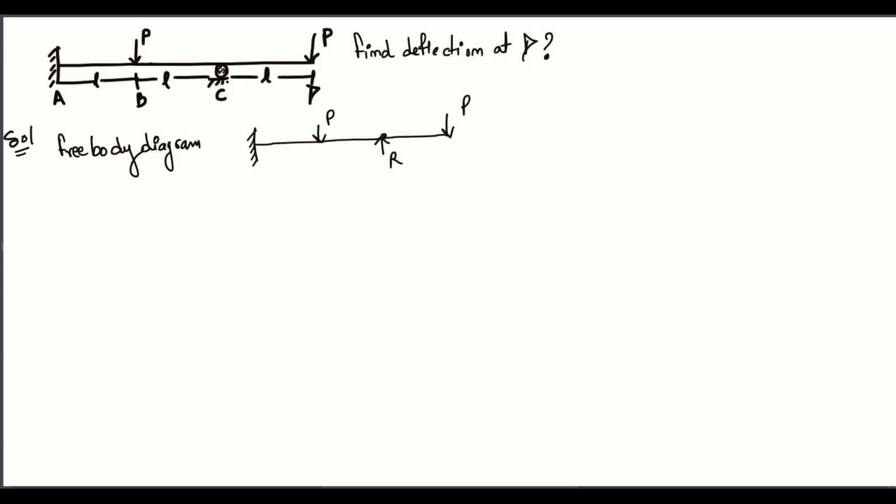So at this point, delta C will be 0. So we can use this condition for determining the value of propped reaction.